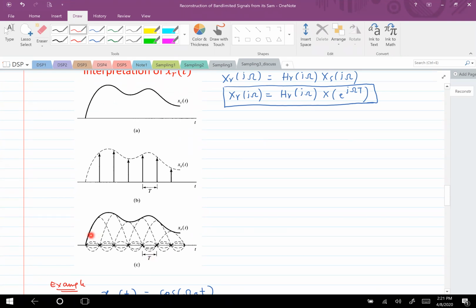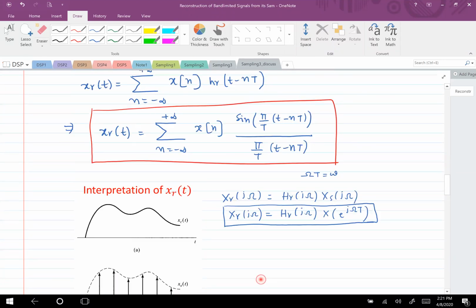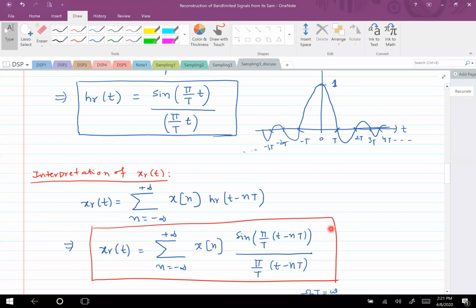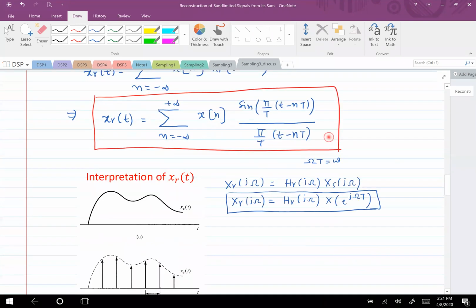Look at here, for example, you basically have a sinc function here, right? This sinc function is getting scaled by x of n, right? And then after it is scaled, it is shifted to n times T, because that is when you get t minus nT.